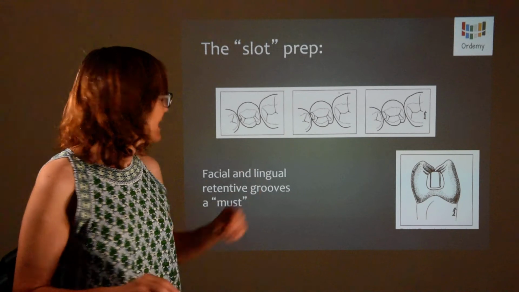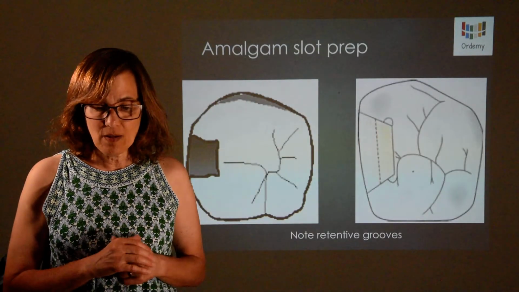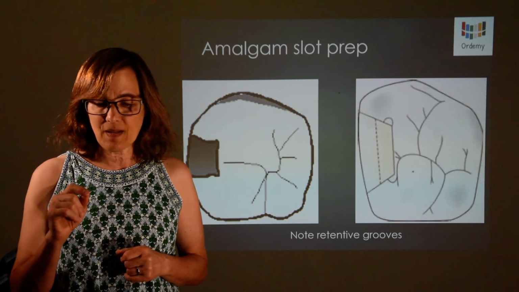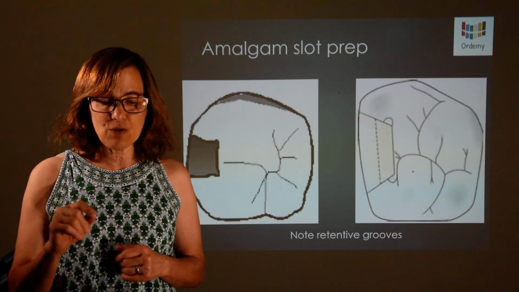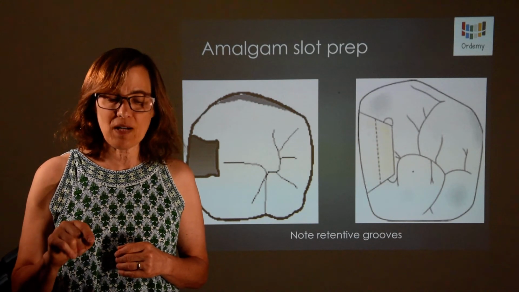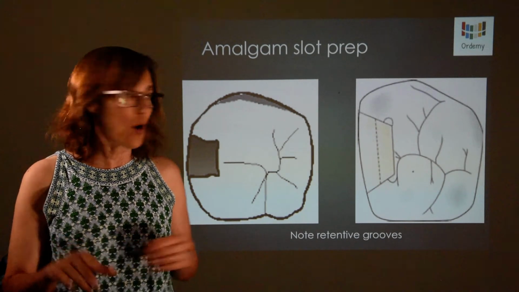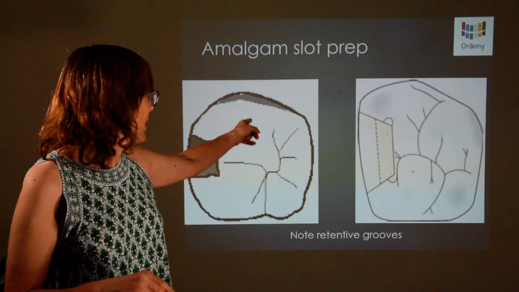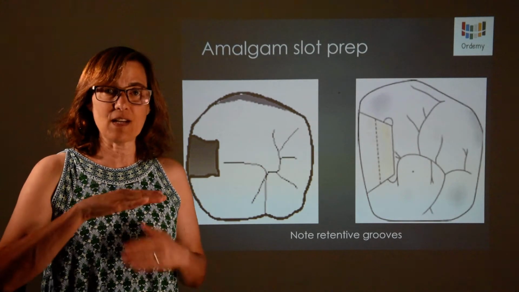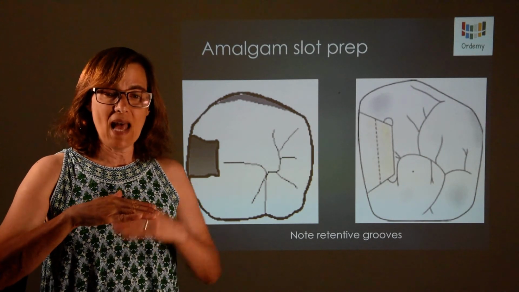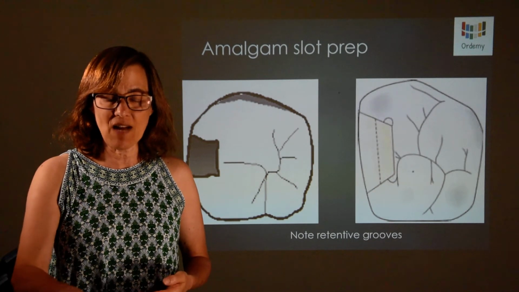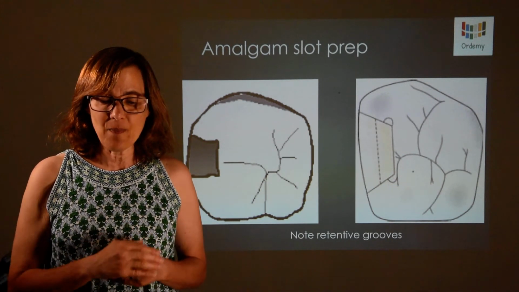In the next slide, you will see the diagram even more so showing the preparation, where the wall with the dotted line is an indication of the pulpal wall, and then there's the gingival, and there is definitely a step down.